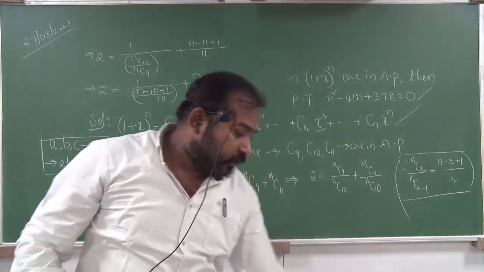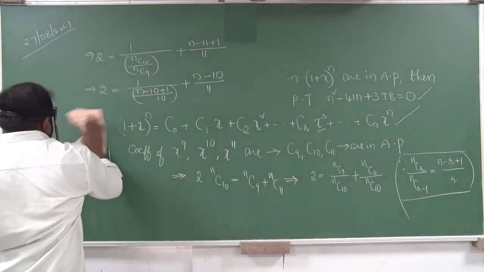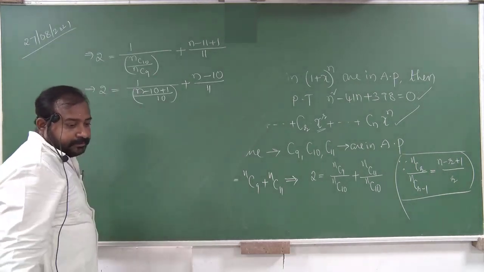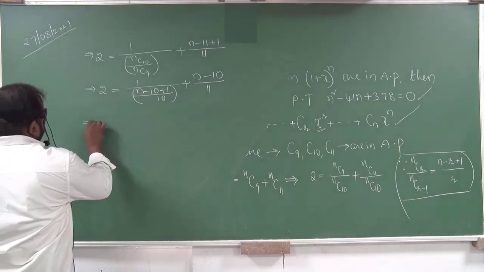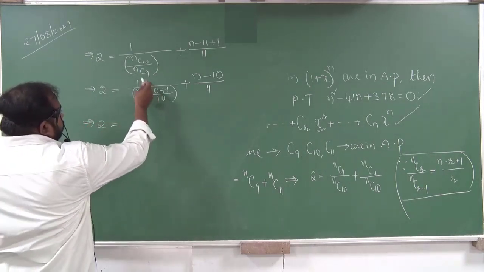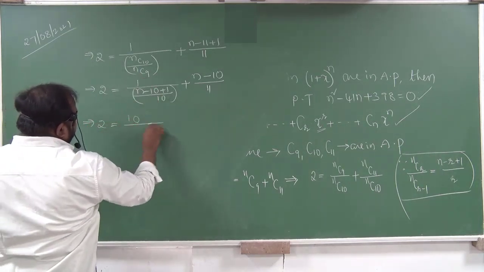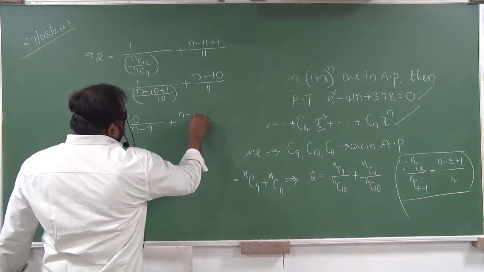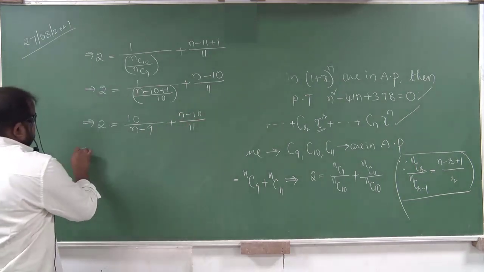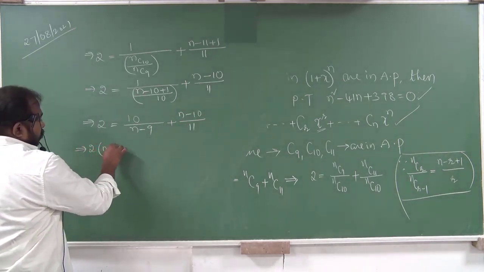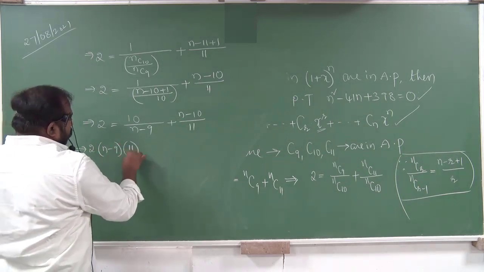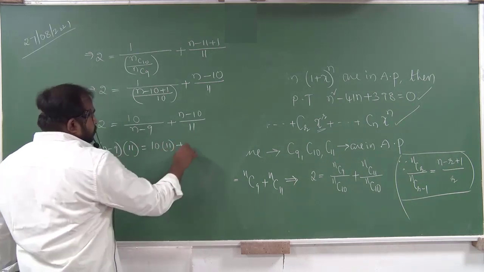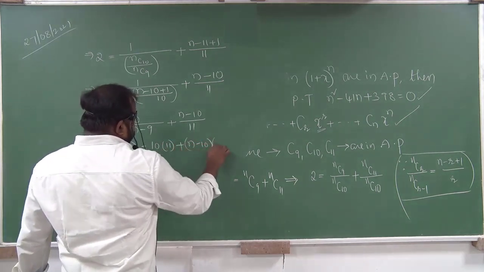Now, if you simplify this value, tell me what you will get there. That implies 2 equals, this value goes to the numerator, 10 by (n minus 9), plus (n minus 10) by 11. Take the LCM. 2 into (n minus 9) into 11 equals 10 into 11 plus (n minus 10) into (n minus 9).